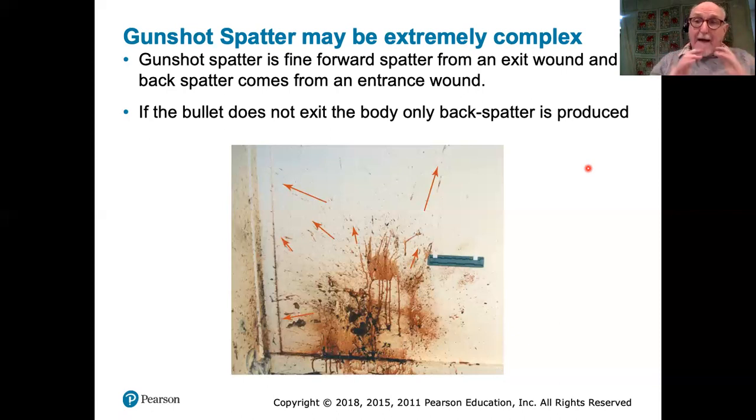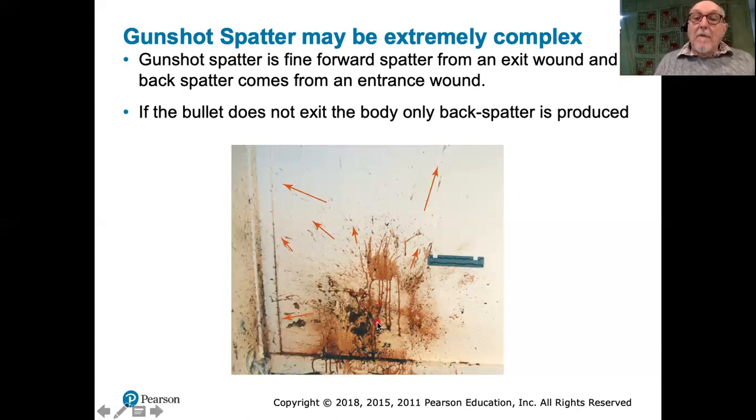Gas is impacted into the wound, but also gases are produced by this tremendous energy being dissipated as the bullet is impeded by friction as it passes through the body. It literally boils. And there's often an explosion of gases outwards to produce that forward spatter.